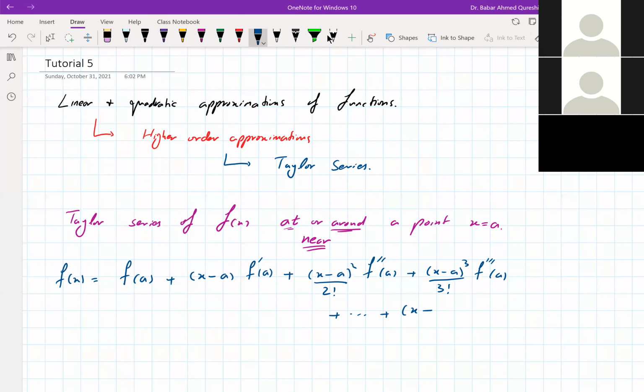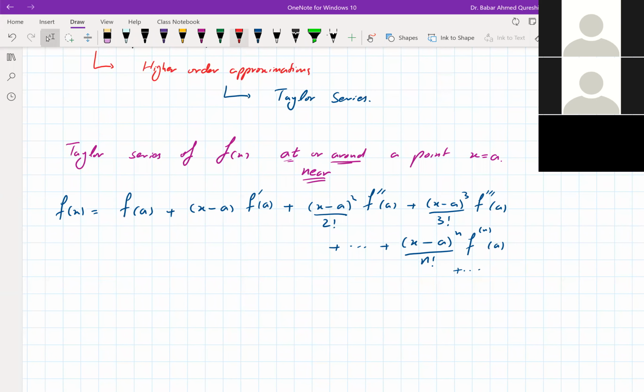The nth order term is just this, which has the nth derivative evaluated at a and keeps going. So let me write here where f of n, a, is the nth derivative of f evaluated at this point a, where you are doing this Taylor series.